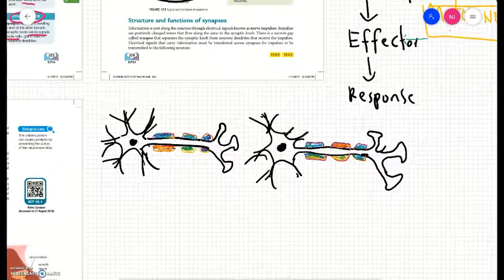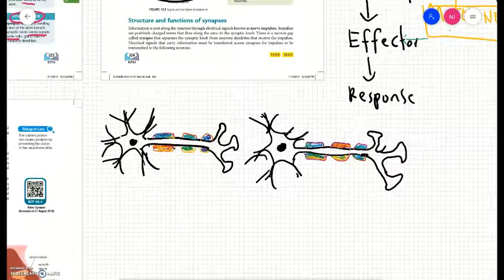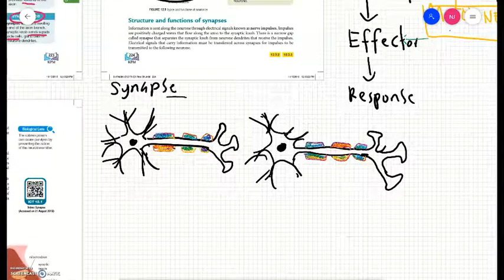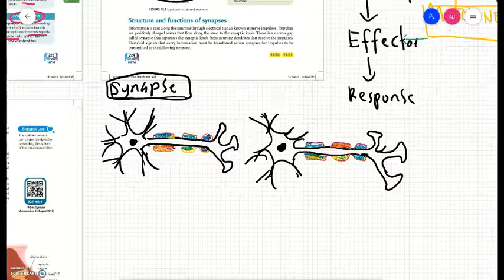Okay, now we have these neurons. What type of neurons is this? The cell body is at the top, meaning that this is a motor neuron. So we have two motor neurons here. Now we're going to discuss synapse. Before I explain what synapse is, let's look at the structure and function of synapse.